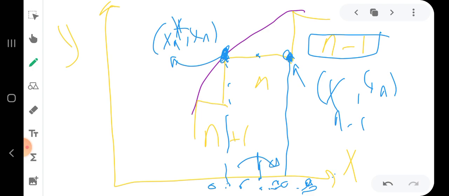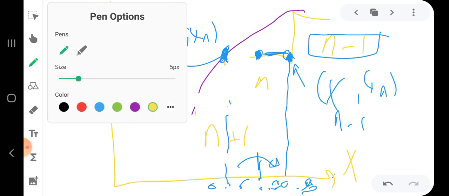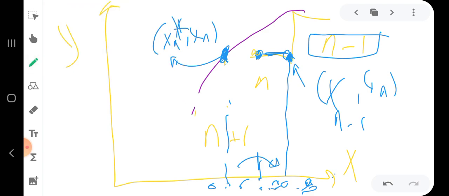So the actual point will be here. You go to this point and then you remove this part, and then you draw the stages like this, starting from this actual point.